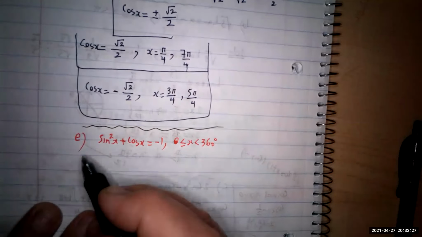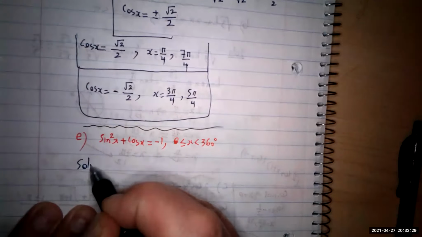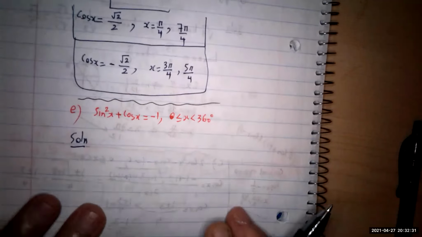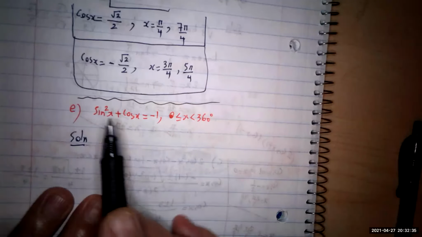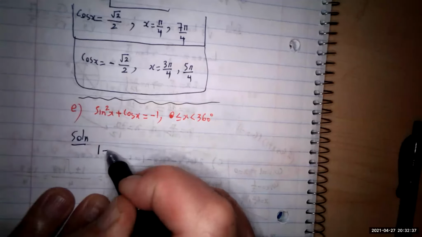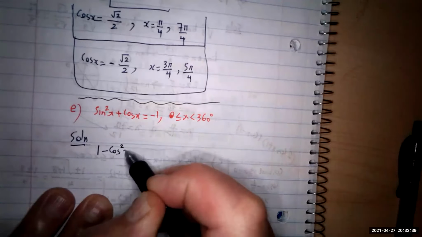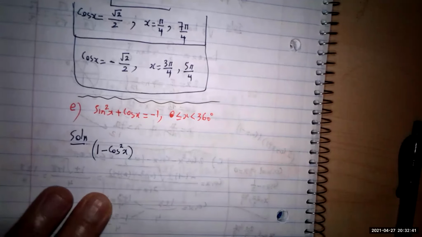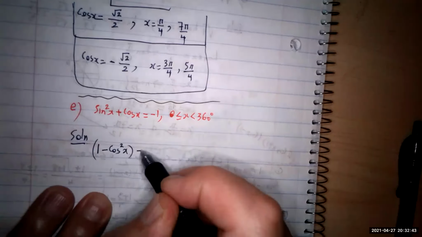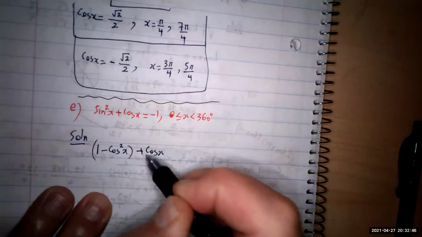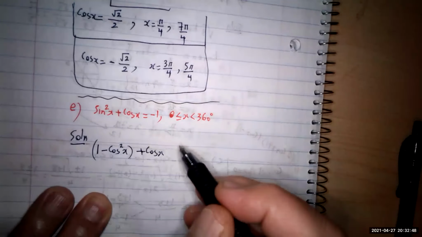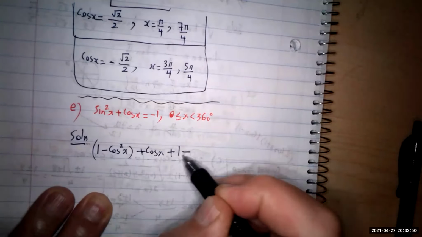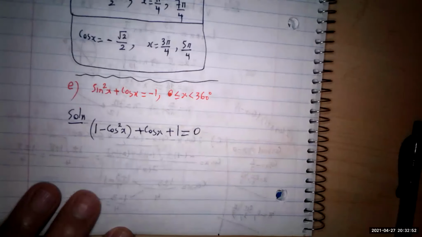So this is the solution. I just want you to have all the possibilities in one setting. So we change this to 1 minus cosine squared. And we already have the cosine x. We'd better bring this one to the left to make it positive, equal to 0.